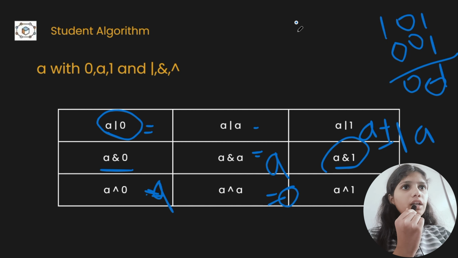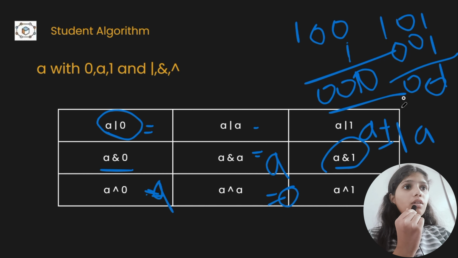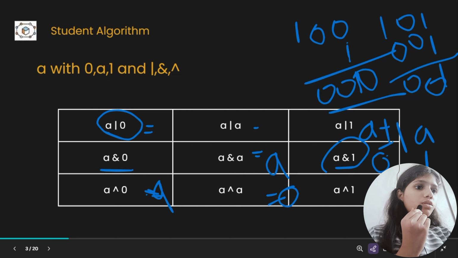So again we'll confirm with 4, 1 0 0, and then we have 1 over here, right? Then it gives you 0, 0 0 0. So for odd numbers it's giving you 1, for even numbers it's giving you 0. So remember that.